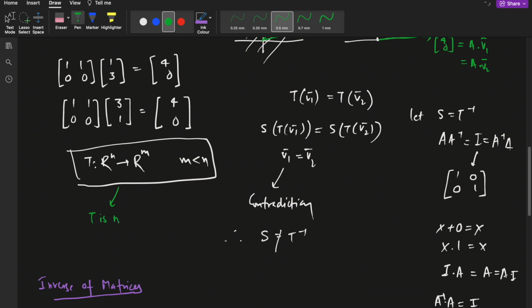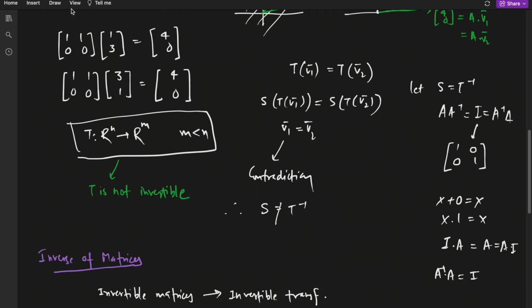Because T is moving from Rn to Rm and m is less than n. So you are moving either from R3 to R2, or R2 to R1, or R100 to R99. Doesn't matter. If you are moving from a higher dimension to a lower dimension, then it's not invertible. And we have seen why.